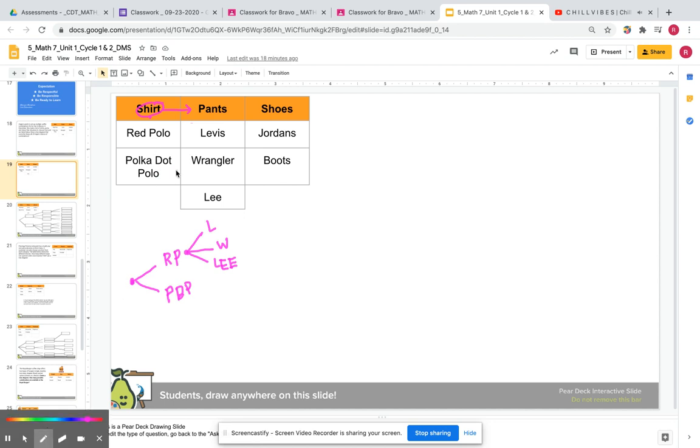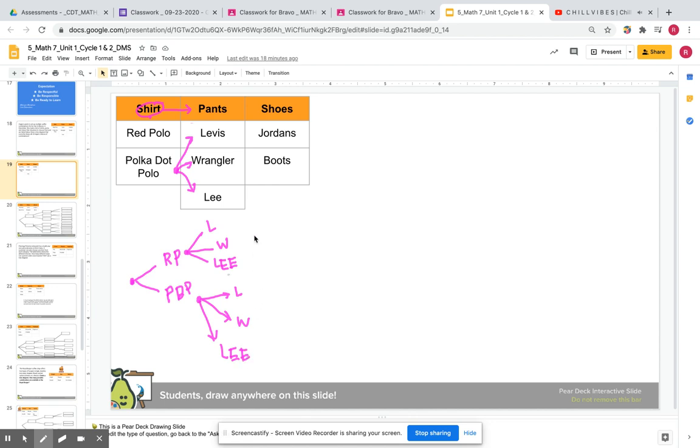I hope you were able to recognize that the polka dotted can be combined with three types of pants. So I start off with a dot again where I have the polka dotted polo, and it creates three little branches. One of the branches will go to the combination of Levi's, the other one will be combined with Wrangler, and the third one will be with Lee.